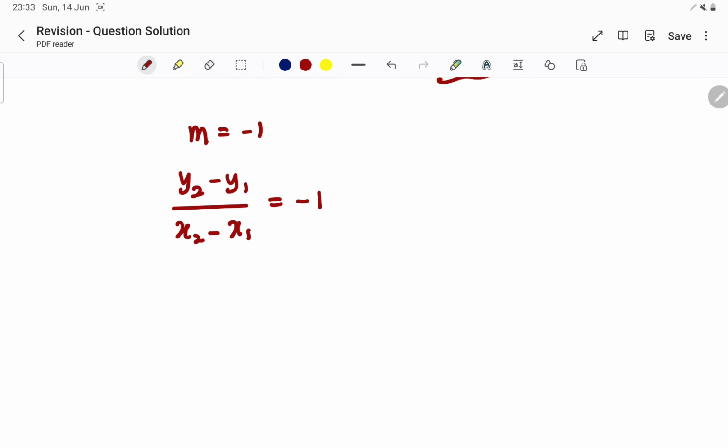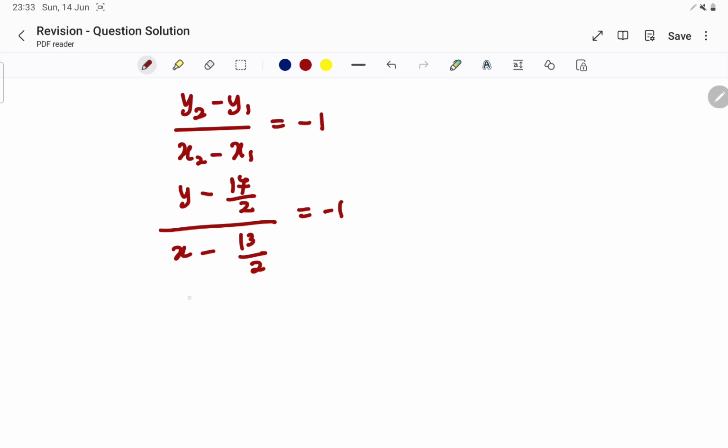To find the equation of the tangent, y minus 17/2, divided by x minus 13/2, equals -1. So y minus 17/2 equals negative x plus 13/2, because we multiply by -1.